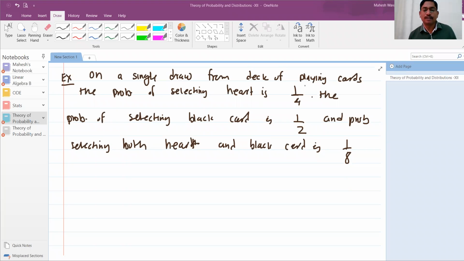The probability of selecting both heart and black card. So till then I will explain. You have a total of 52 cards.